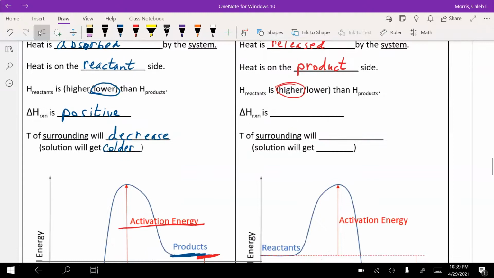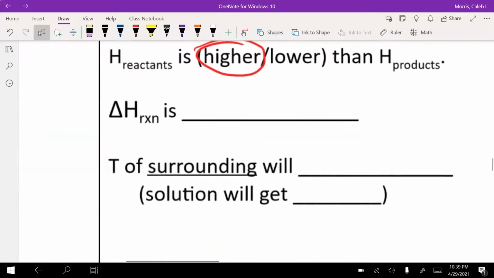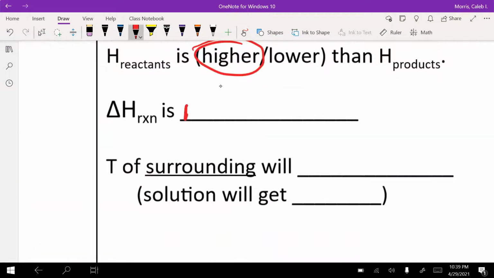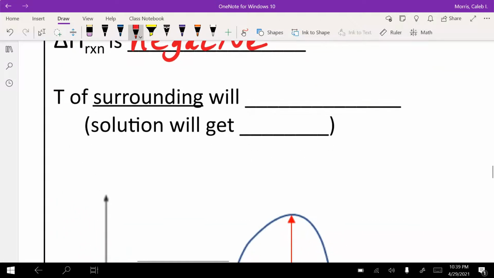And delta H of the reaction is going to be negative. We have an overall decrease in potential energy. The temperature of the surroundings in this case will increase because it is releasing heat to the surroundings. The solution will get hotter.